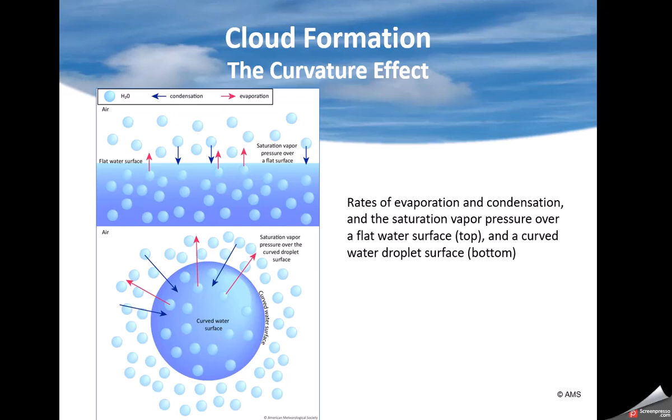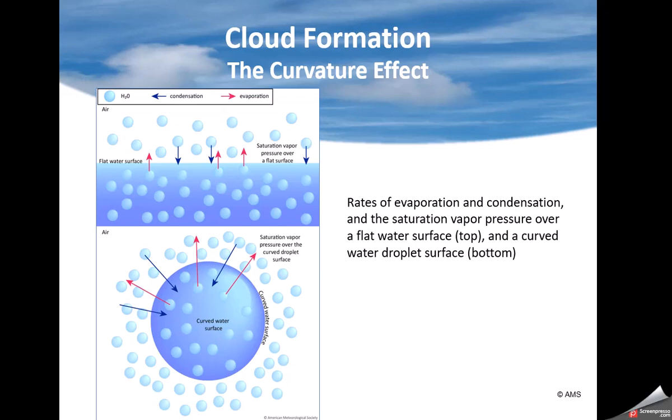One of the interesting things is called the curvature effect. On a flat surface, no sweat. When you reach 100% relative humidity, you have an equal balance of condensation and evaporation at the same time. However, on a curved surface, it doesn't work. For some reason, curved surfaces want to get rid of the condensed water.